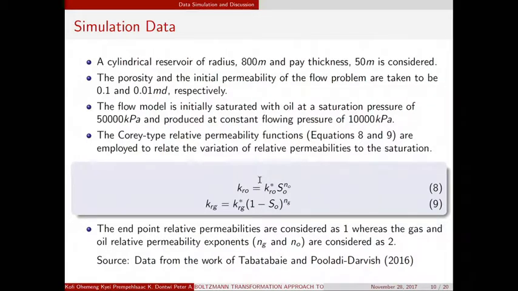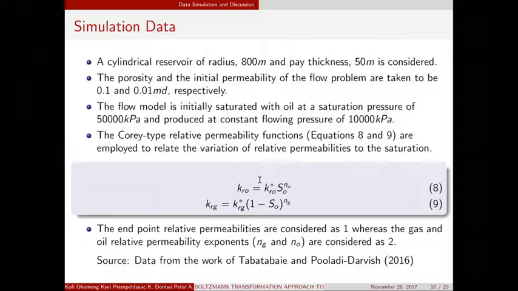We need to now take it through a process of simulation to see how well it works in conjunction with the PDE. So we adopt this simulation data looking at a reservoir of size 800 meters and 50 meters thick, and simulating for about 500 days. But the most important feature is the production scenario.